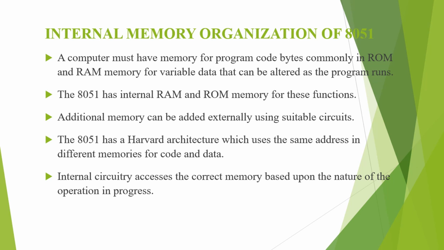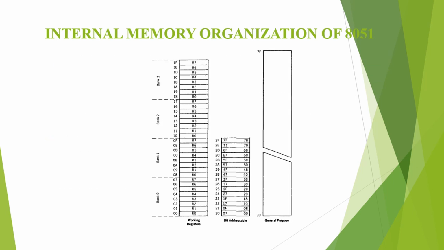The 8051 has Harvard architecture, which uses the same address in different memories for program code and data, unlike other microcontrollers which use von Neumann architecture. Internal circuitry accesses the correct memory based upon the nature of the operation in progress. In the figure, we can see the internal memory organization of the 8051.